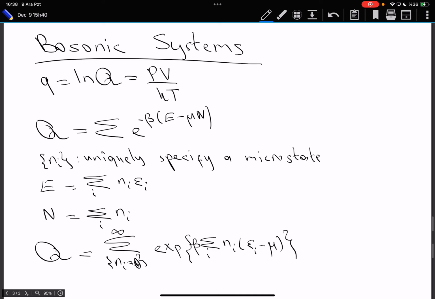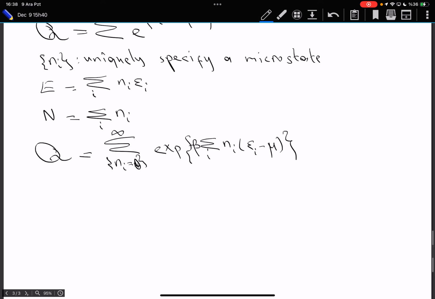Mu is the unique chemical potential. I don't have a chemical potential for each microstate. The chemical potential in equilibrium is the same for all subsystems, just like the temperature is the same for all subsystems. So this we wrote as the product over i of the sum over N_i from 0 to infinity of exponential of minus beta (epsilon_i minus mu) N_i.